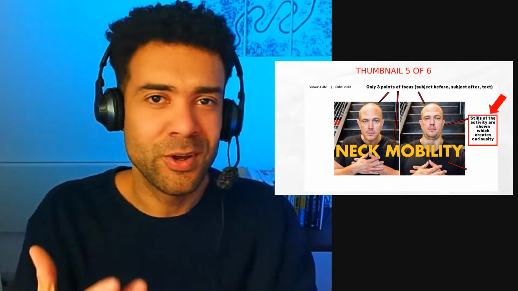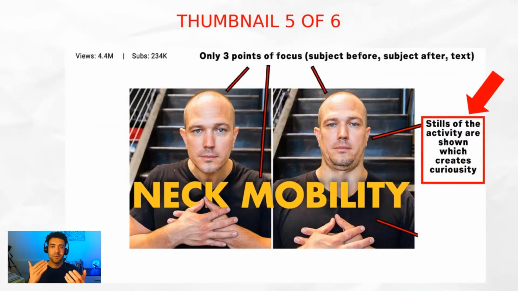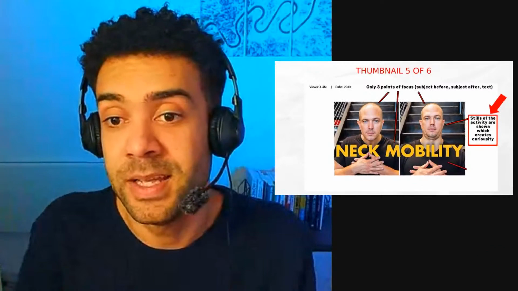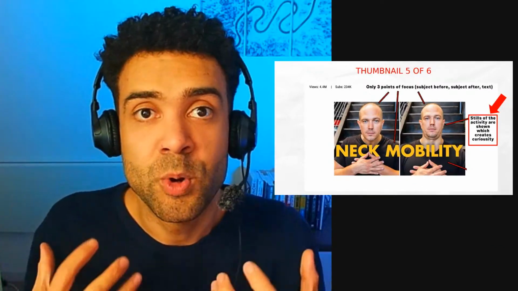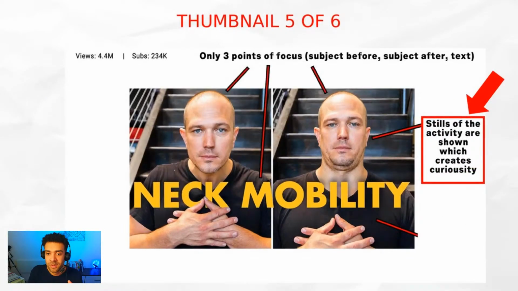Like what on earth are they doing in the thumbnail, and how is that beneficial? So showing snapshots of the movements, but not the full context, like giving a full explanation of what's happening, creates curiosity, I believe, that pulls people in to watching this video. So that's something to include yourself if you're going to use this template: stills of the activity that's going to be in the video.